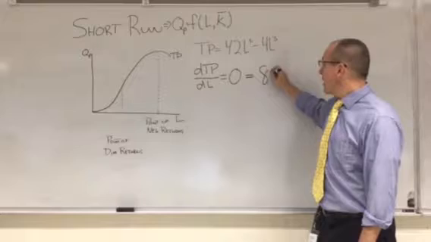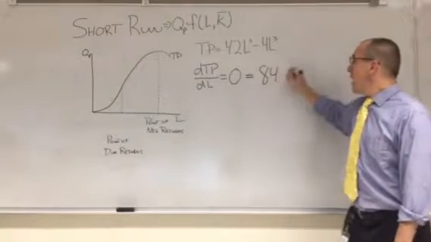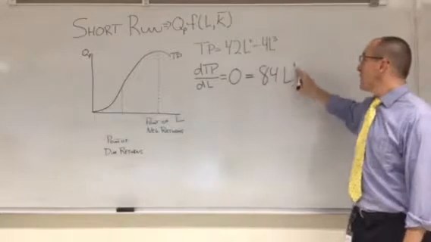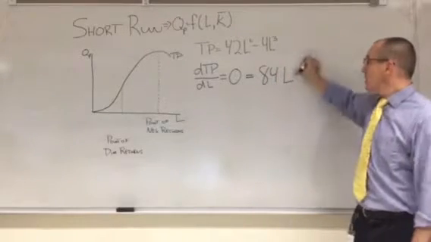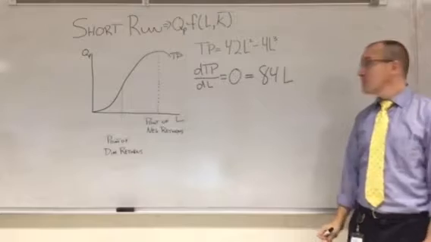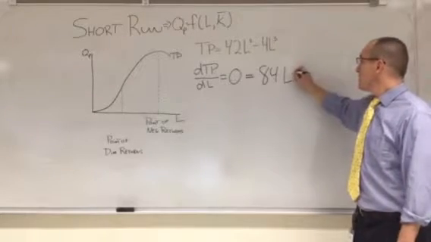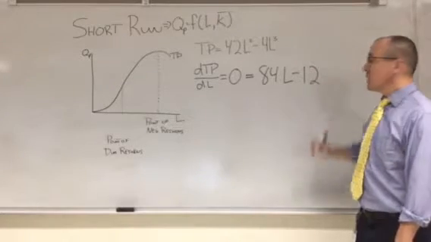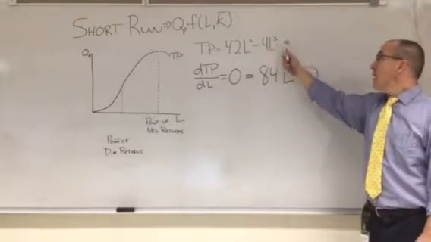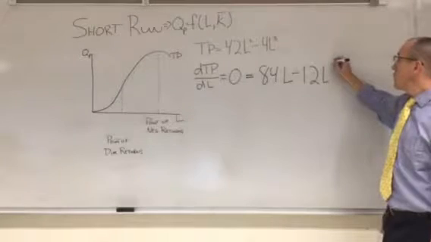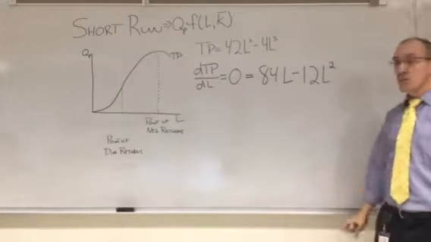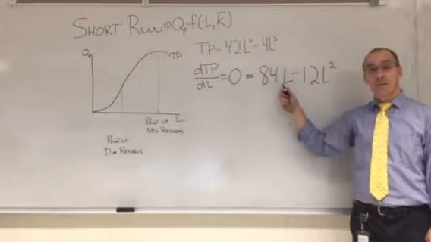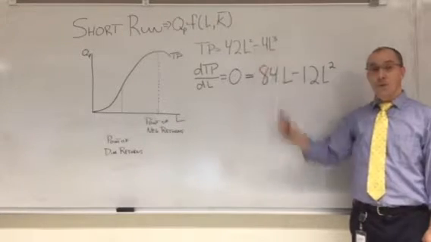We have an 84 L. This is really L to the 1 because it's 2 minus 1, and L to the 1 is just L. Minus 3 comes down multiplied by 4, 12. And then L, 3 minus 1, is 2. So what I've done is I've modified my equation to find the first derivative of my total product function.